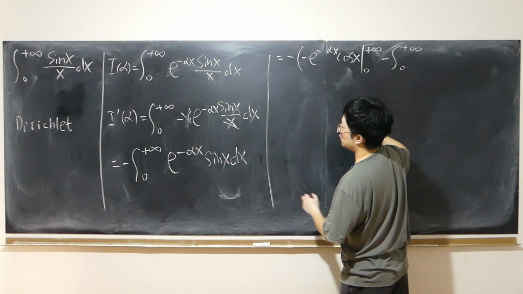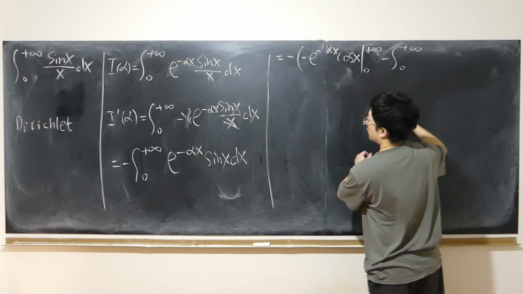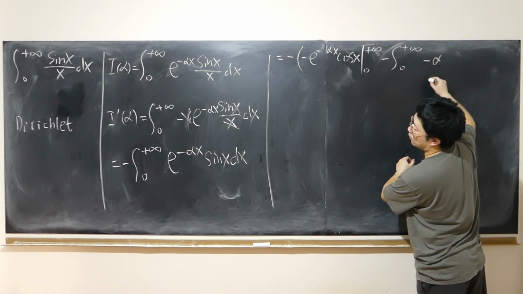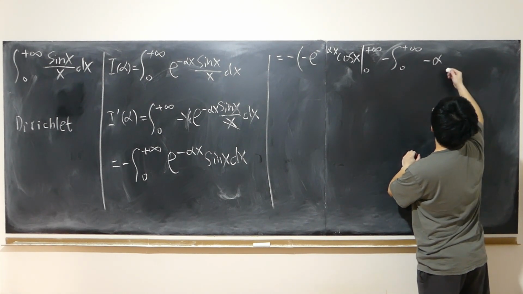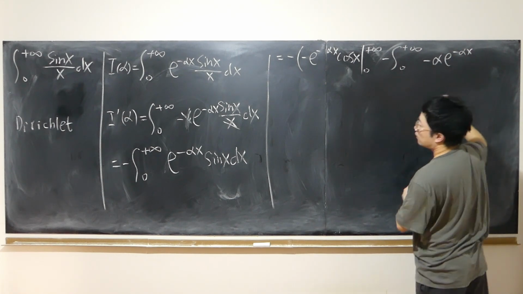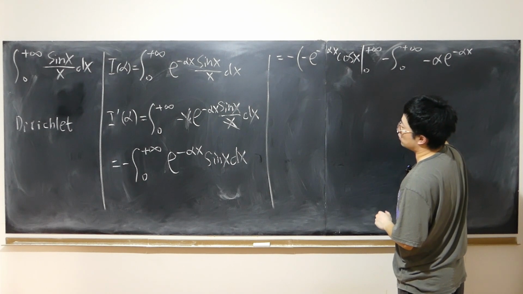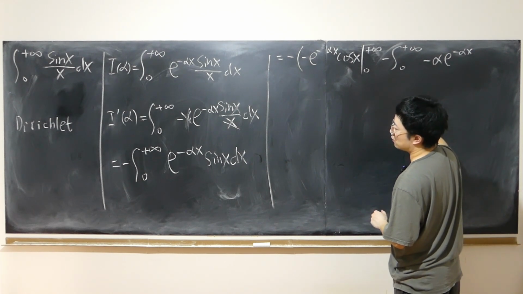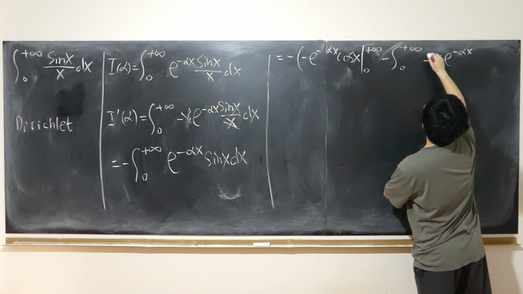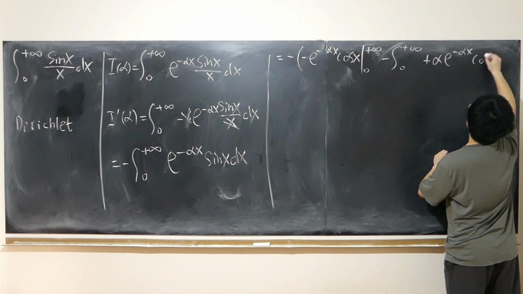What's du? Differentiate this one: negative alpha e to the negative alpha x. And v is negative cosine, so negative cosine becomes positive.